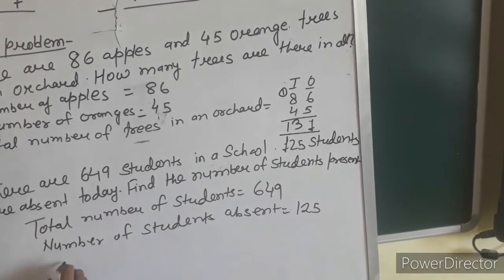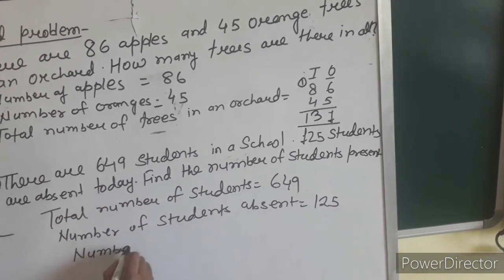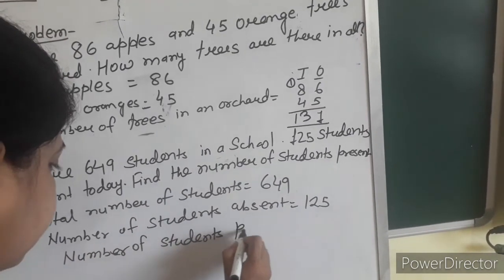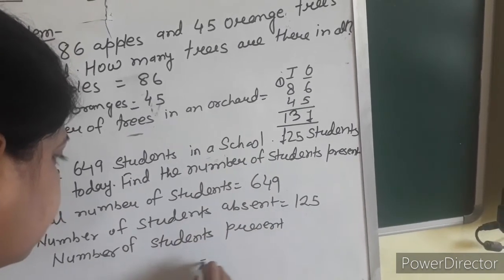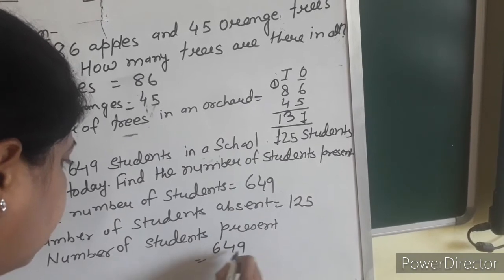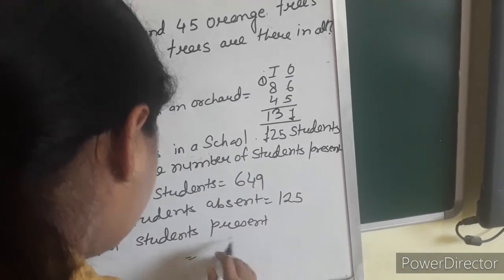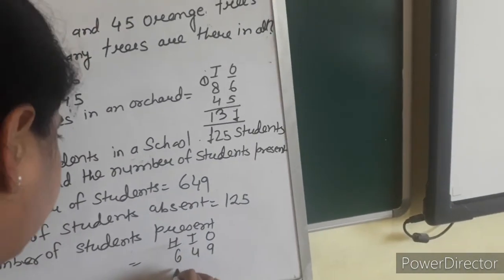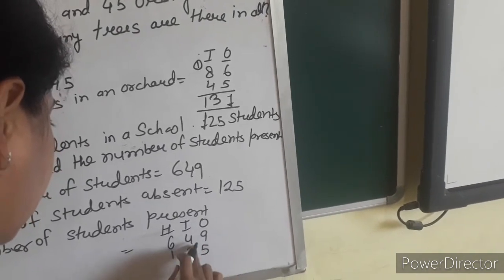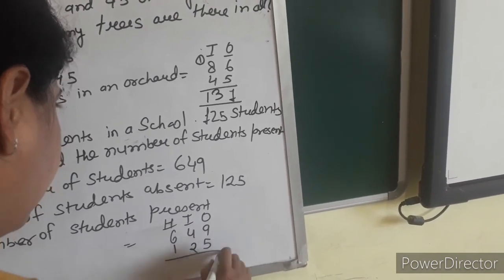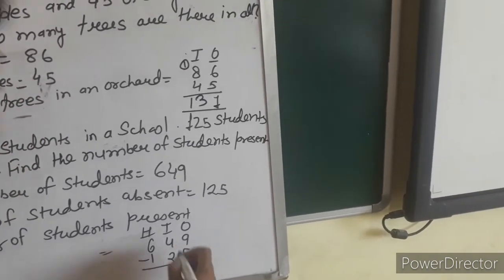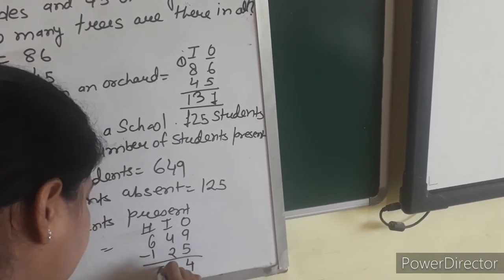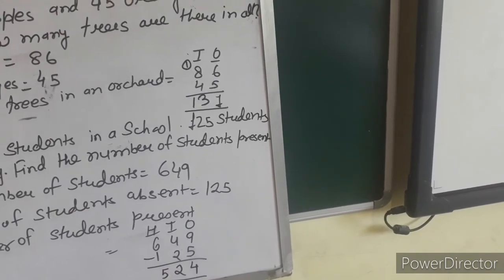So you have to find the number of students present. 649 minus 125. If you find the number of students present, so you have to subtract. So 9 minus 5 is 4, then 4 minus 2 is 2, and your answer will be 524.